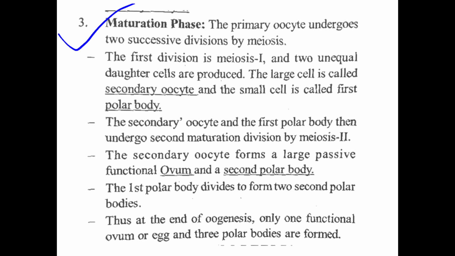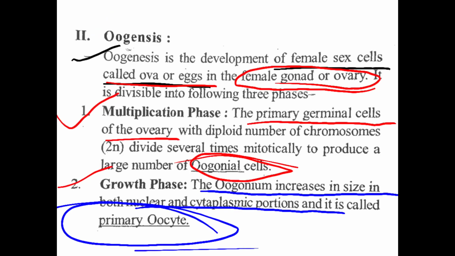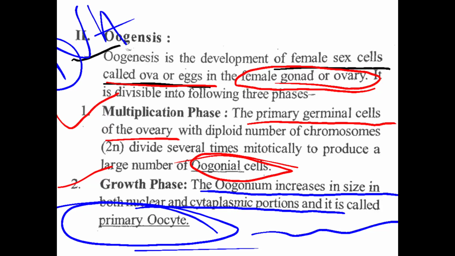Next, the maturation division. The growth phase of oogenesis is longer than that of spermatogenesis. In the growth phase of oogenesis, both nuclear and cytoplasmic growth take place. There is production of more nuclear sap, synthesis of all types of RNA, and enlargement of the nucleolus.